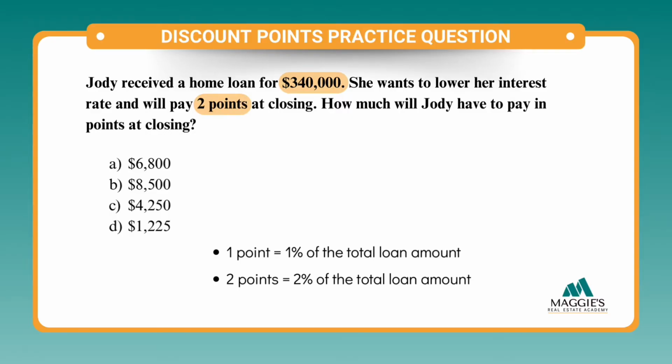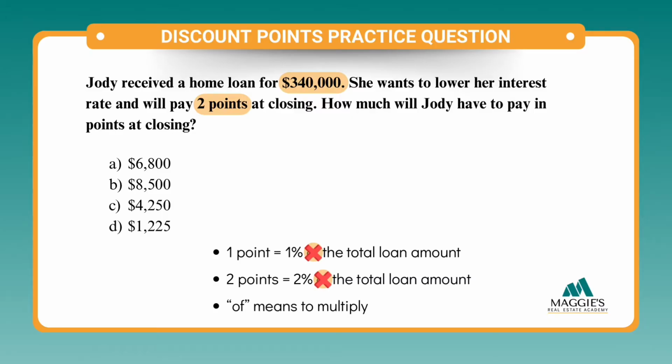So we have to take 2% of the loan amount to find how much Jody paid in points at closing. Here's that little secret I told you I'd let you in on. The word "of," like we see here, just means to multiply in math language. So as you can see, all we have to do is multiply the loan amount by 2% or 2 points.